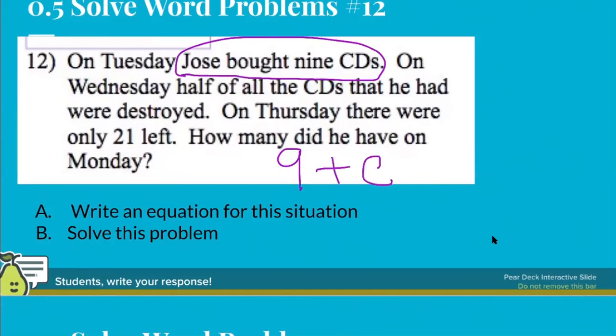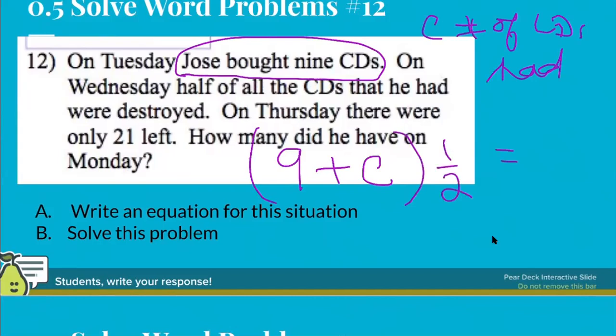I don't know how many, so this is the number of CDs that he has before he bought that 9. And it says on Wednesday, half of this, half means you can do 1/2. And now he has only 21 left. So this one is a hard problem, okay? You will run into some problems like this.